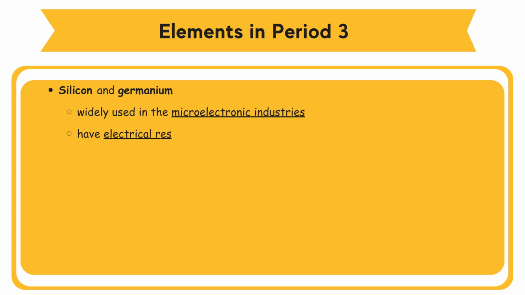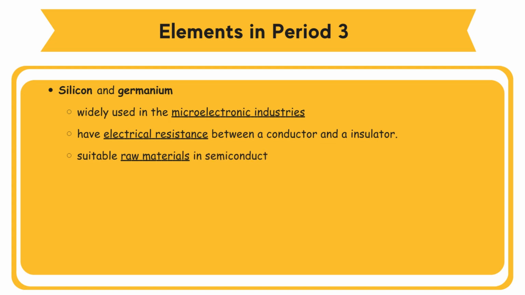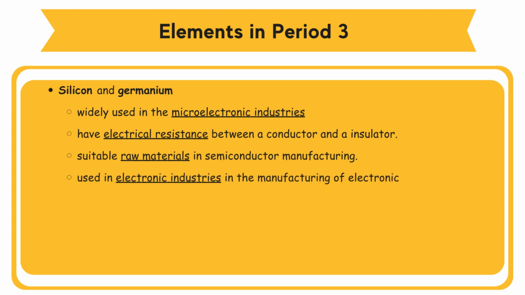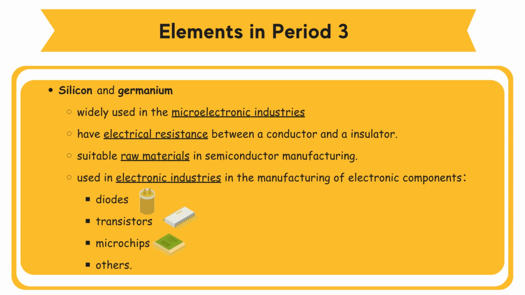They have electrical resistance between a conductor and an insulator. Silicon and germanium are suitable raw materials in semiconductor manufacturing. Semiconductors are used in electronic industries in the manufacturing of electronic components, such as diodes, transistors, microchips, and others.